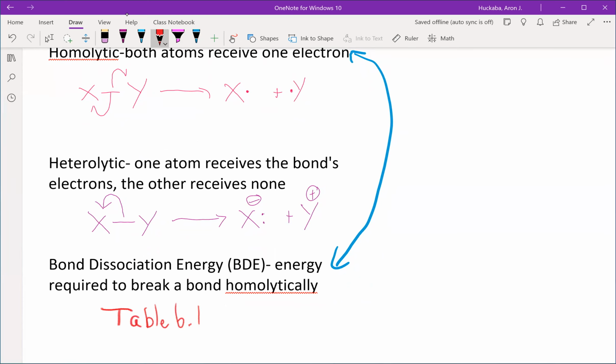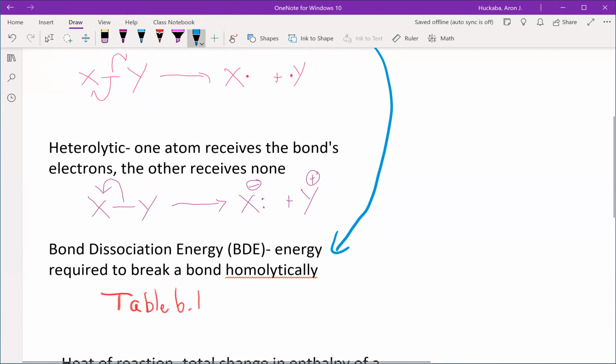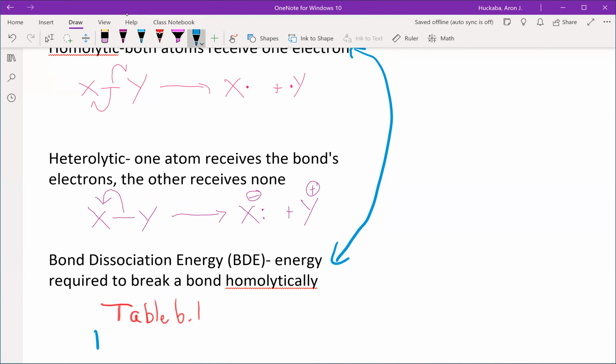Like for instance, if we were to look at the energy in a hydrogen-hydrogen bond, this is the most simple molecule. The energy there is equal to 435 kilojoules per mole. It's something that we talked about in one of the first lectures of this class, but we didn't really talk anymore about enthalpy specifically.